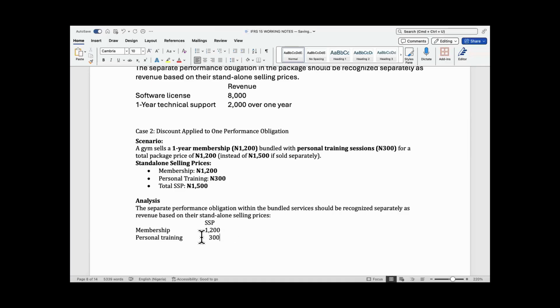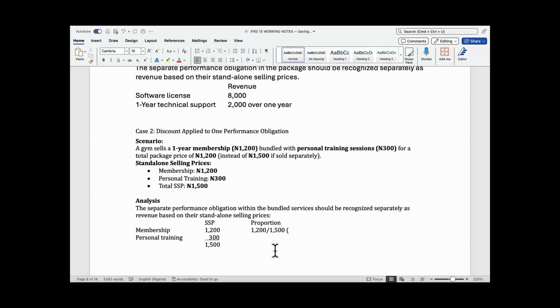So ordinarily, the addition of the two is 1,500. So you take a proportion. You do 1,200 divided by 1,500. What does that give us?